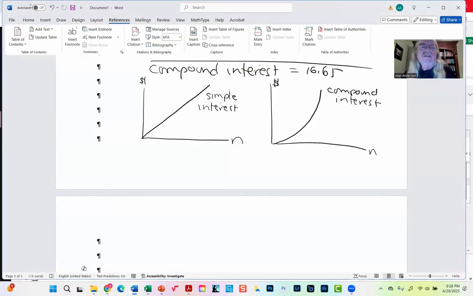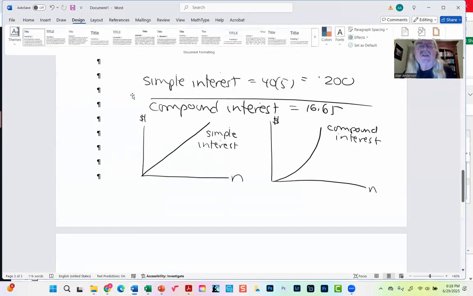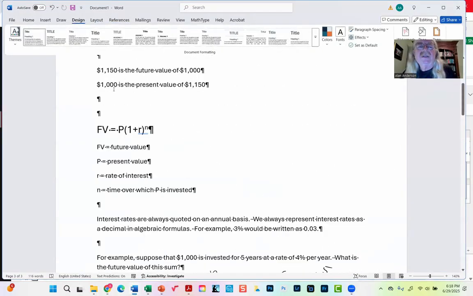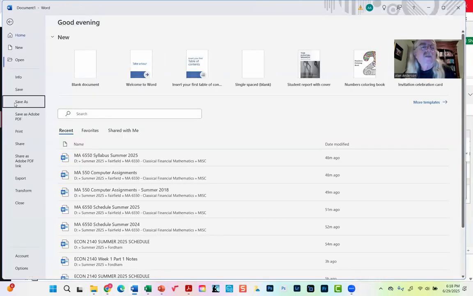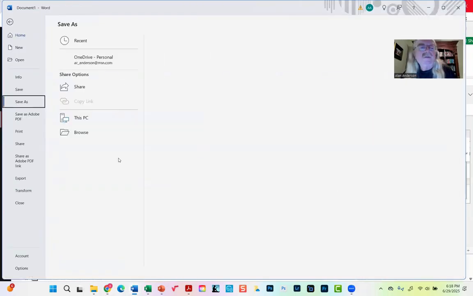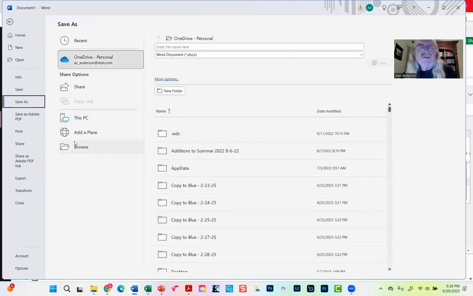Whoops, hold on. Oh, I just realized I never saved this document. I better do something about that right away. You know what's going to happen if I don't? My electricity will go out for 1/10 of a second and my work will be lost forever.